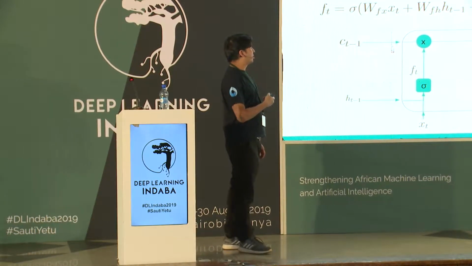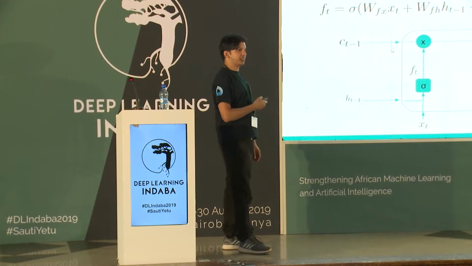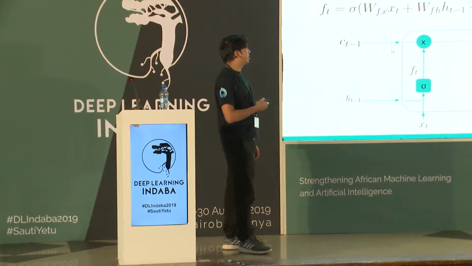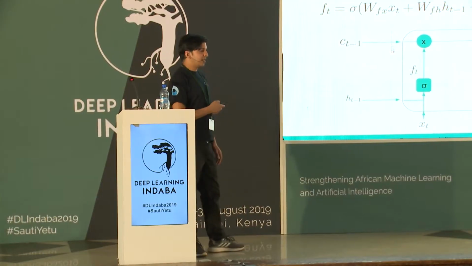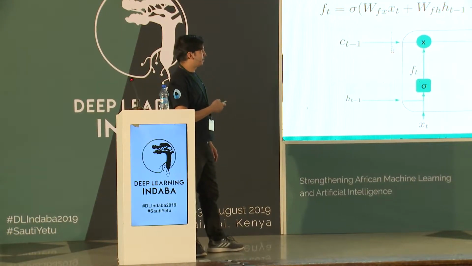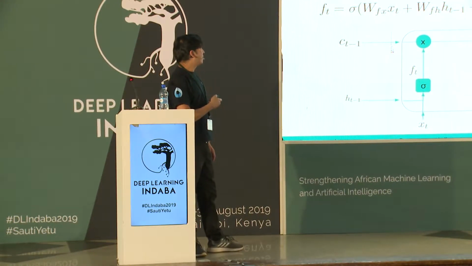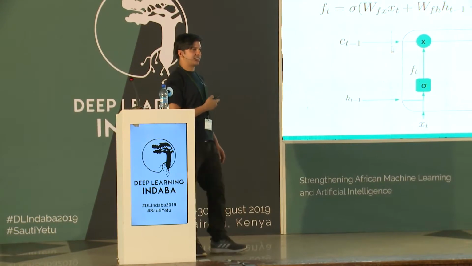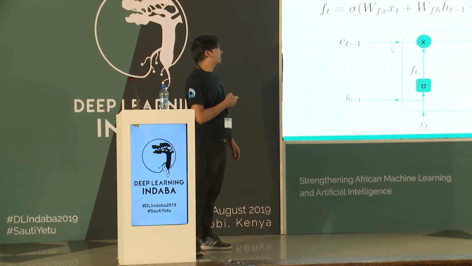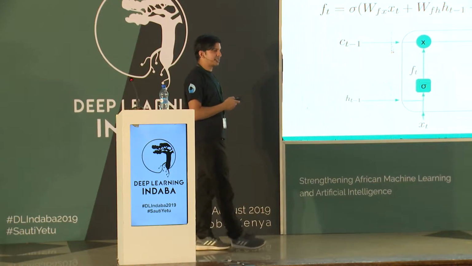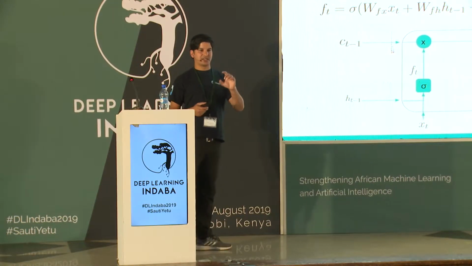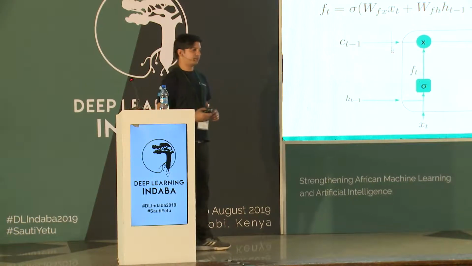It has its own parameters, so it has two weight matrices, W_fx and W_fh, and a bias vector. It applies this equation, which should look familiar because it's the same equation we used before in an RNN, and it applies a nonlinear activation. But this time, the activation function is the sigmoid function, and the reason is that the sigmoid function squashes values to lie between 0 and 1.